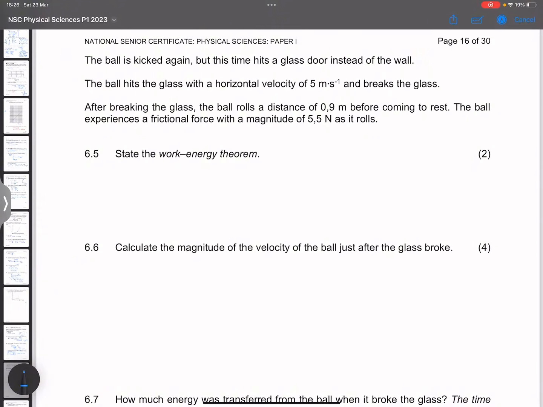Now they say state the work energy theorem. Remember, we say that the net work done on an object is equal to the change in kinetic energy. Please state this in words. I'm just writing it as a formula so that you see that there's a relationship between the formula as well as the expression, the stating of the theorem.